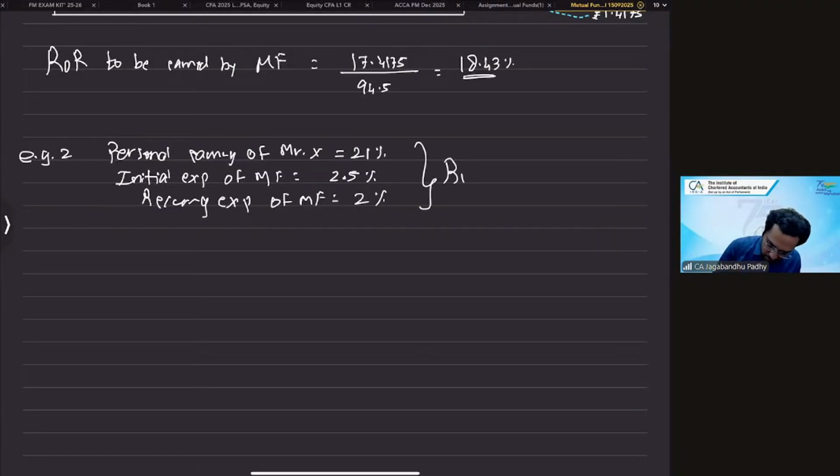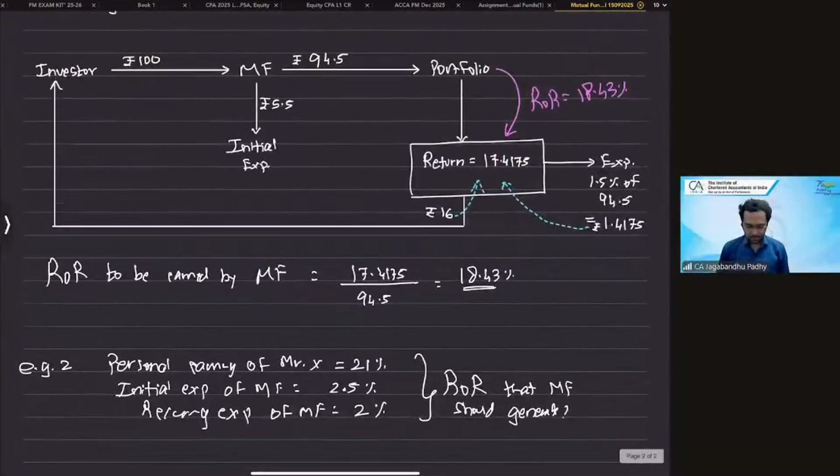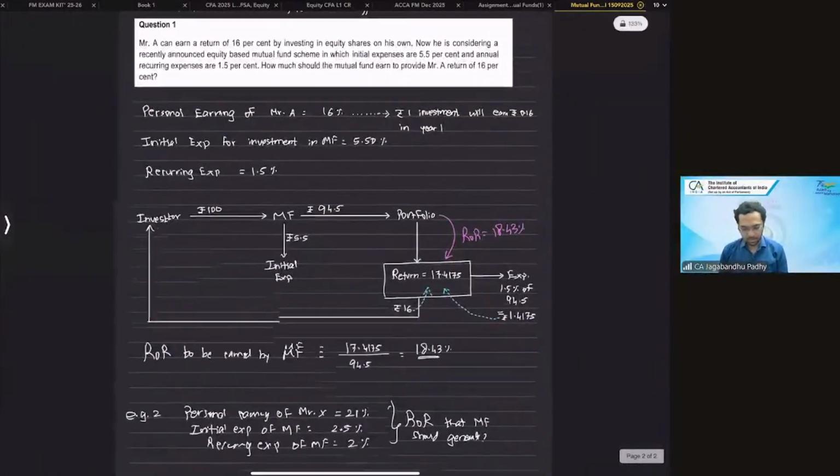From this, calculate the rate of return that the portfolio should generate, or the rate of return that the mutual fund should generate. Can you calculate this? Just give it a try, guys.